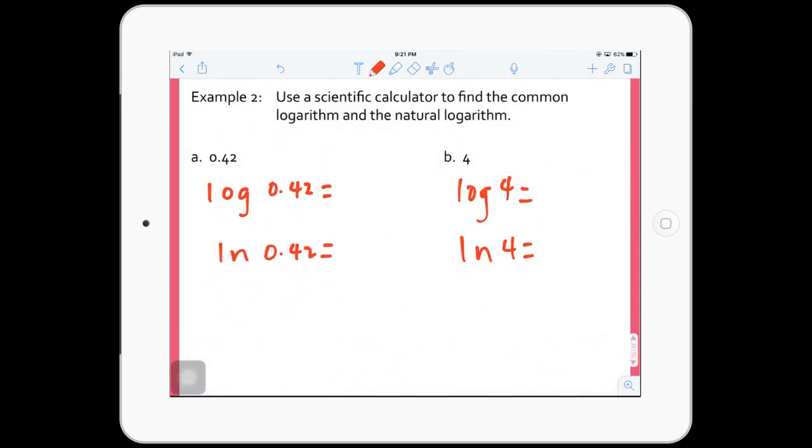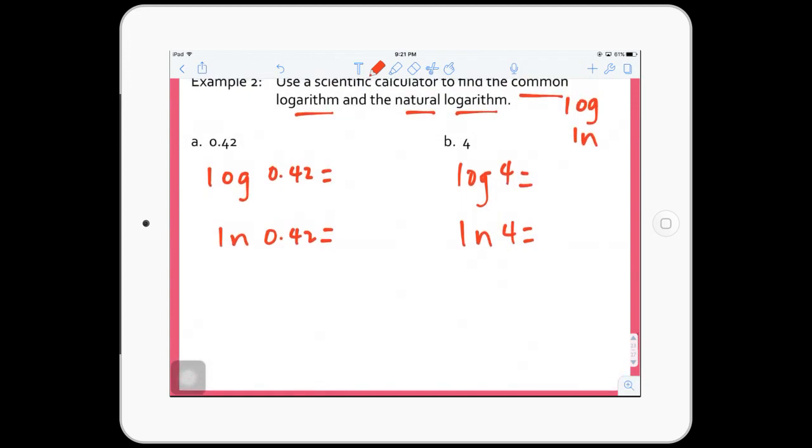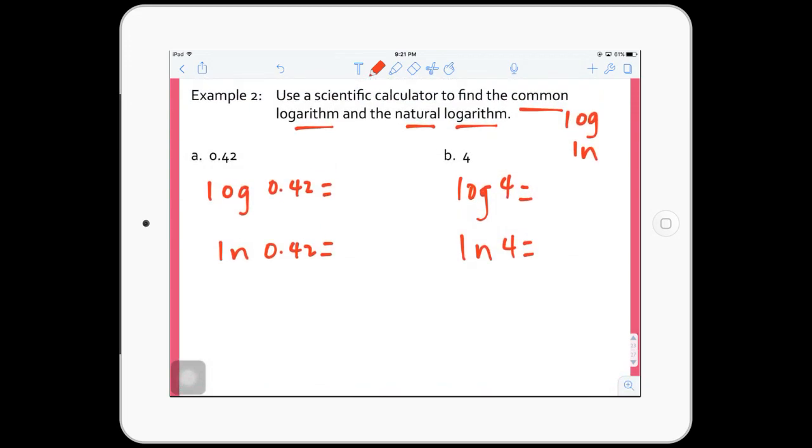So let's take the calculator and find the common logarithm. Well, common logarithm is also known as just log. And then natural log is just ln. So those are the two buttons that we saw on your calculator earlier. And so looking for the answers is pretty easy. You just substitute and plug it into your calculator and find the answer.